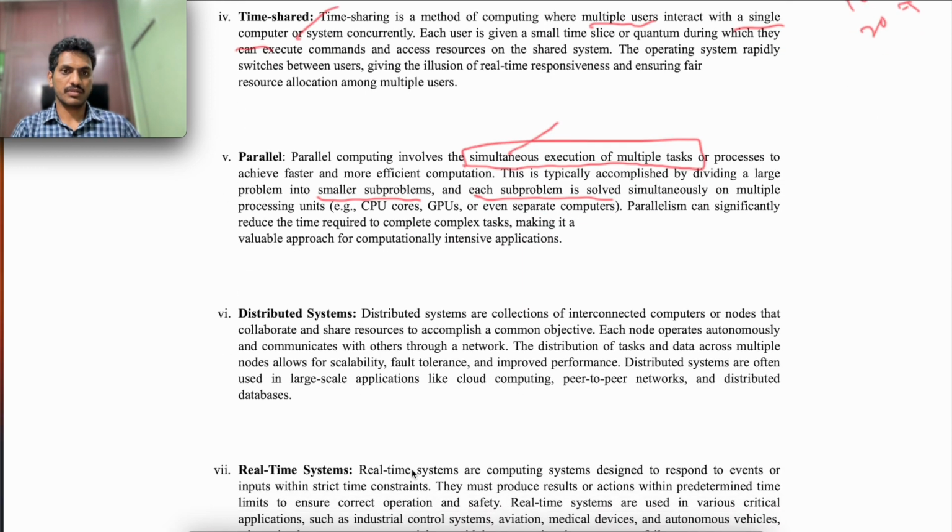Go to the next one, distributed system. If there is more than one computer connected in a network, not in the same place but in different places, they are interconnected.